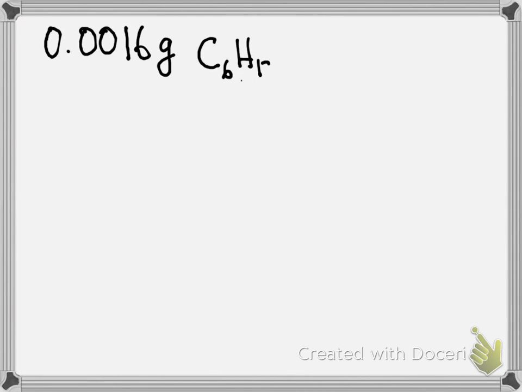So let's say that we have 0.0016 grams of glucose, which is C6H12O6. And we want to find out how many molecules of glucose we have.